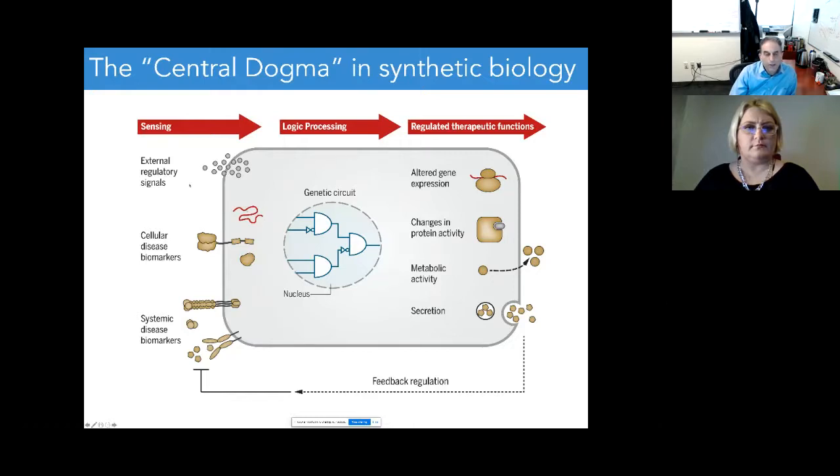That information, these sensors can then feed into a logic processing element. So these would be genetic circuits inside the cell that can take these biomarker sensory information, and then be able to make decisions about what to do based on integration of multiple pieces of information.